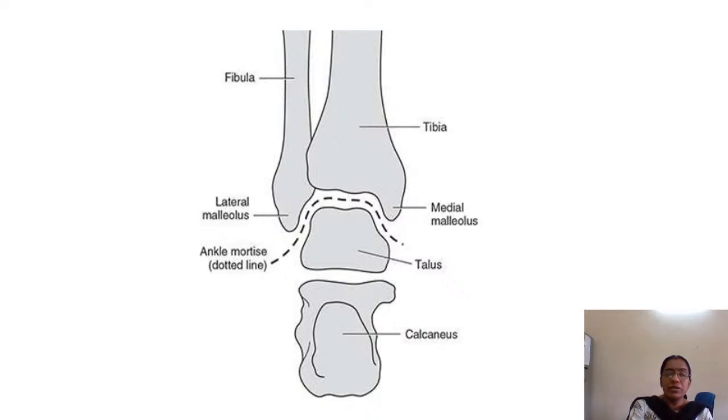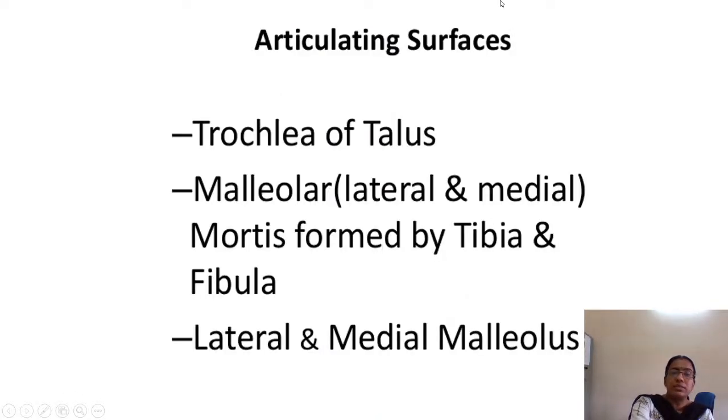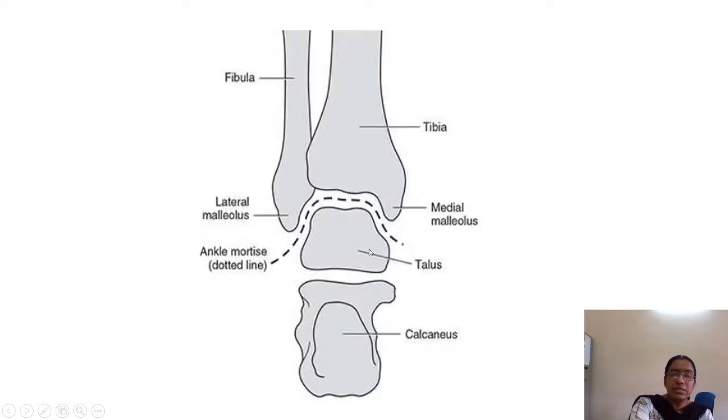But when you go in depth into the articular surfaces, what is it? The articular surface, as we have said, is the trochlea of the talus. So this is the talus, this bone is a talus. These are the tarsal bones: talus, calcaneum, navicular, cuneiforms, cuboid.